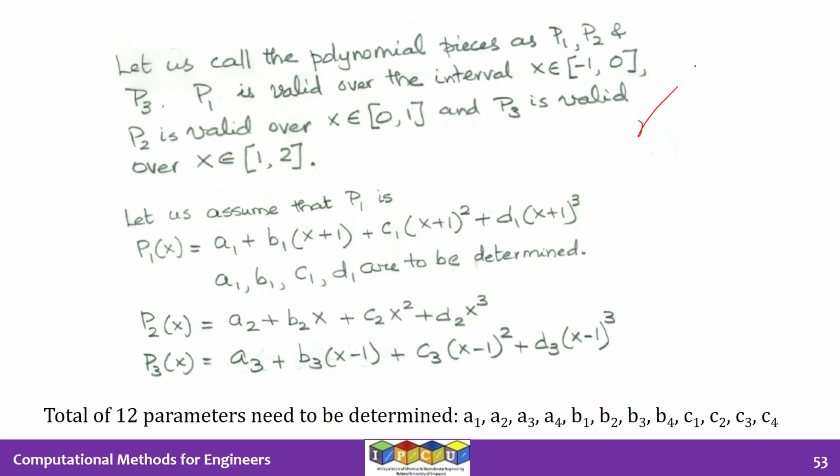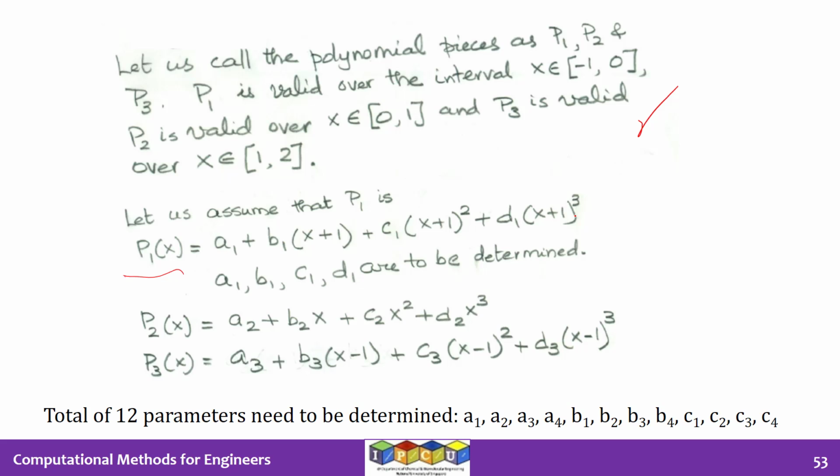So that is what is indicated here. Let's assume that the first cubic polynomial P1 is given as this. So P1 of x is equal to a1 plus b1 times (x plus 1) plus c1 times (x plus 1) squared plus d1 times (x plus 1) cubed.